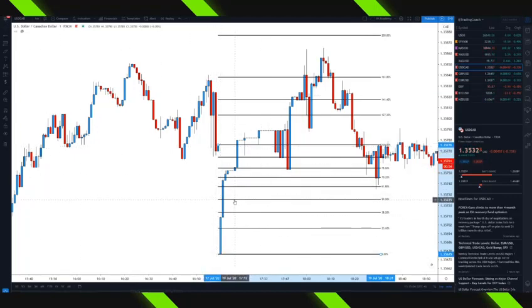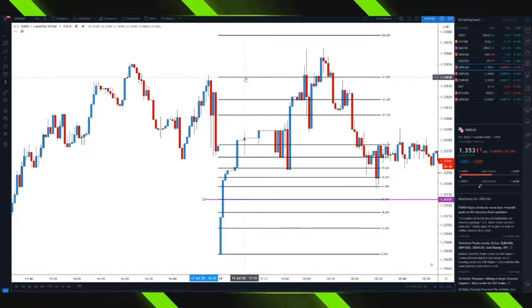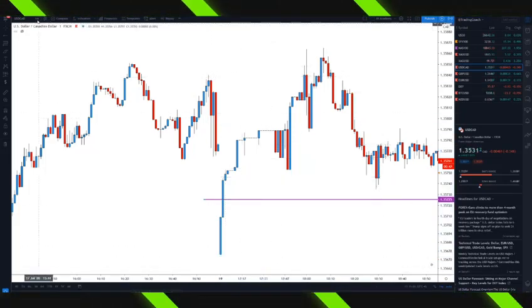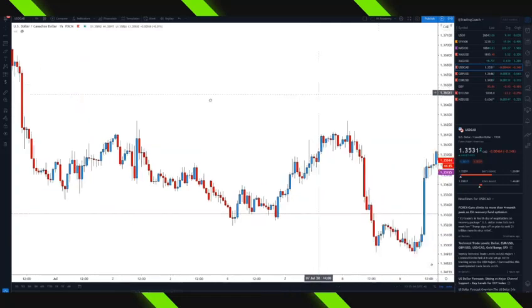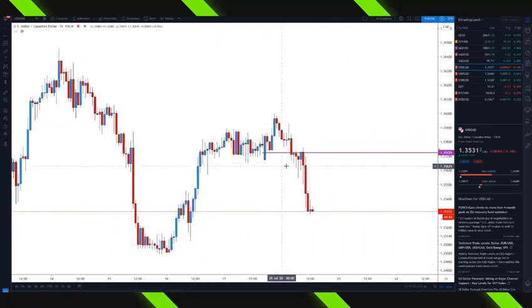We can mark up, say, the middle of that right there and use it at a later time in our analysis to see what kind of reactions occur if we end up trading through the gap. Is it respected? As we can see in this instance, that is one way that you can use the Fibonacci tool to help you understand how price action may react when we are trading around a gap.